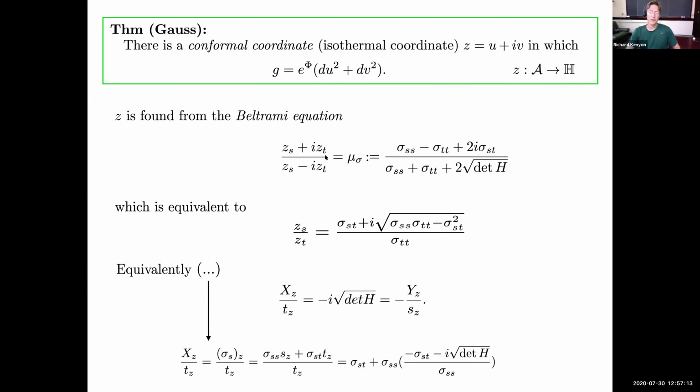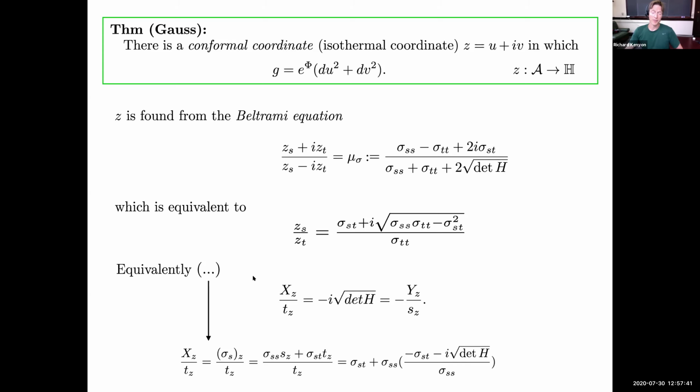Okay, so in our case, that's the Beltrami equation which we need to solve. Z is the unknown here, and all this stuff is given to us. The right-hand side is given to us. And this is equivalent to Z_S over Z_T being equal to a certain complex number over here, which is just a simple manipulation from the previous equation.